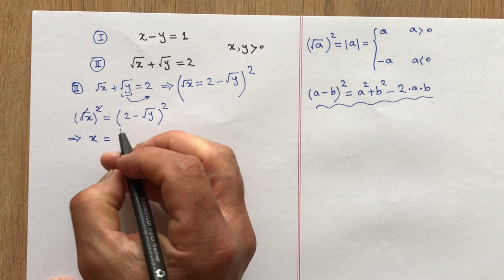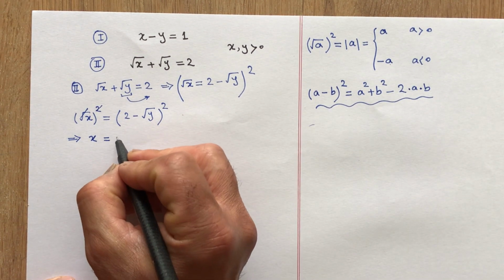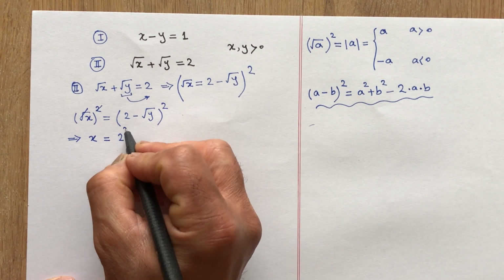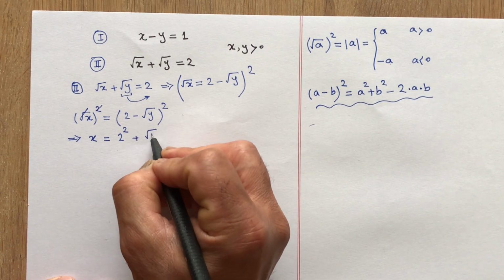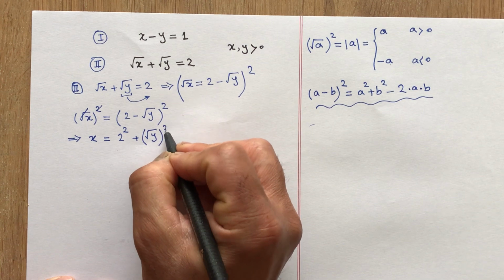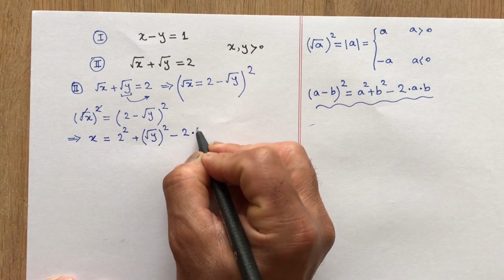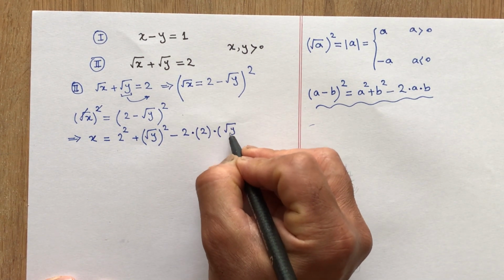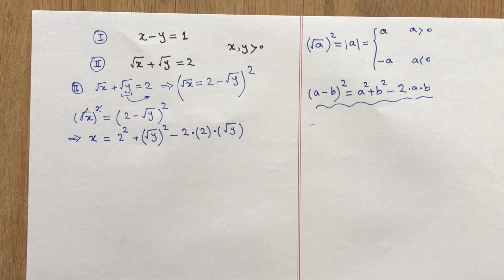So considering this identity, we have to raise the number 2 to the power 2, plus square root of y raised to power 2, minus 2 times the first term, which is 2, and the second term, which is square root of y. Okay, we can now simplify this expression.